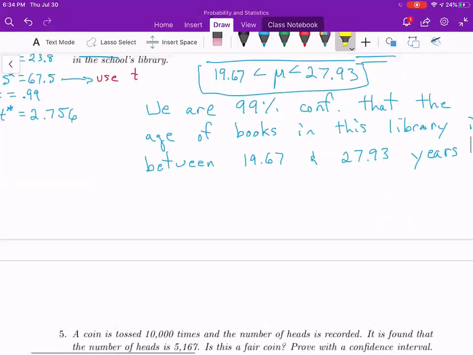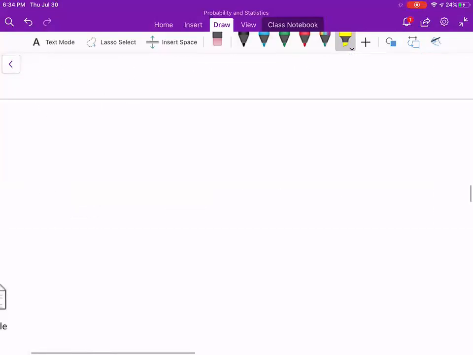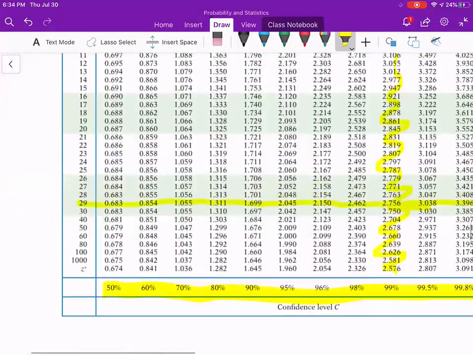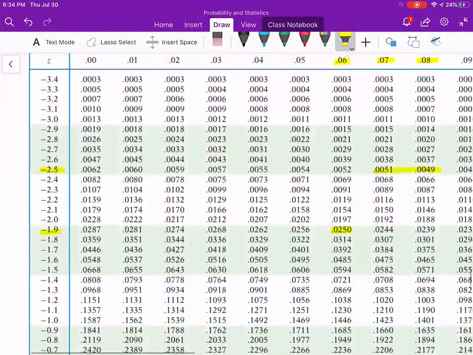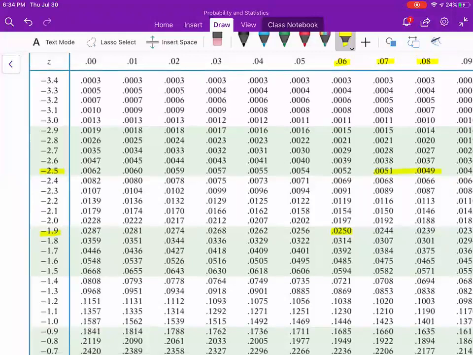Wait, can you repeat that? You're looking for 0.025, which is a probability, and probabilities are in the body of the table. For this case it is exactly in the table, right here. And you're finding the corresponding Z-score. So you're working backwards.